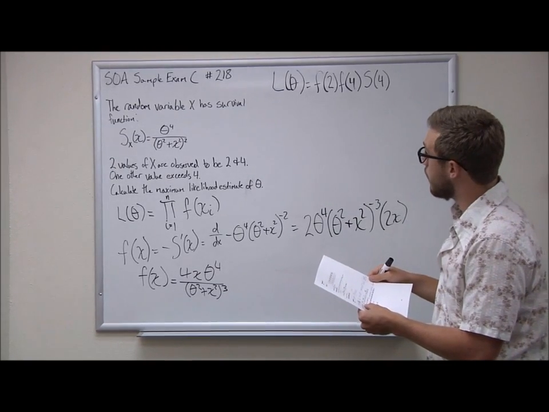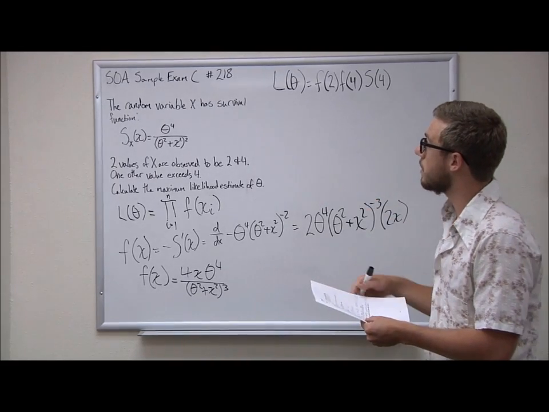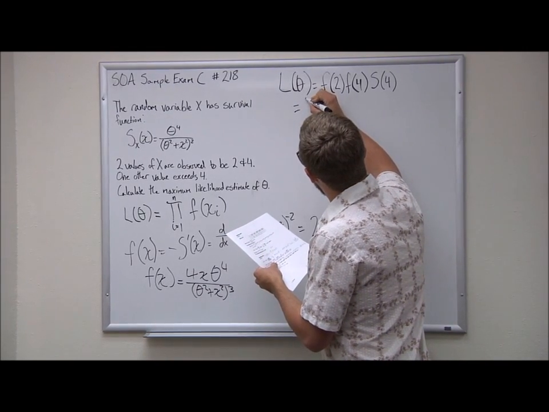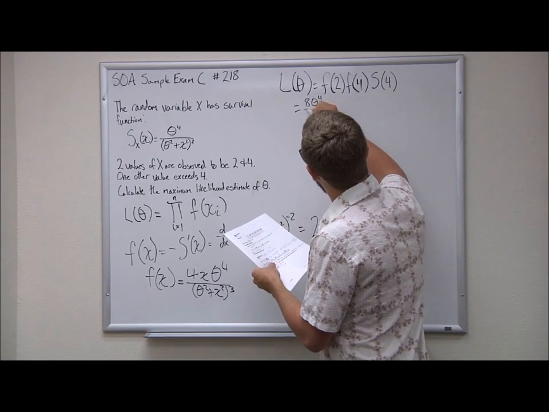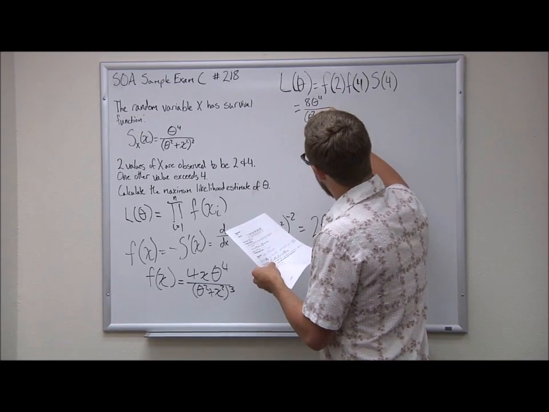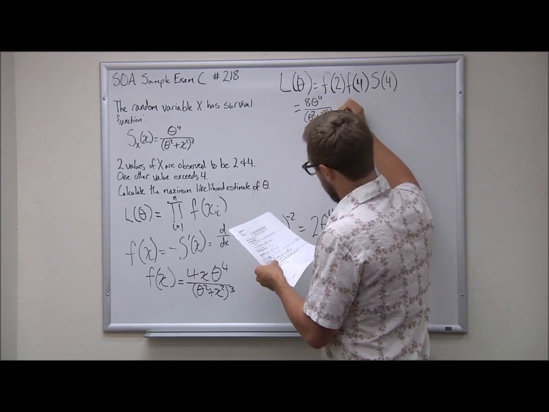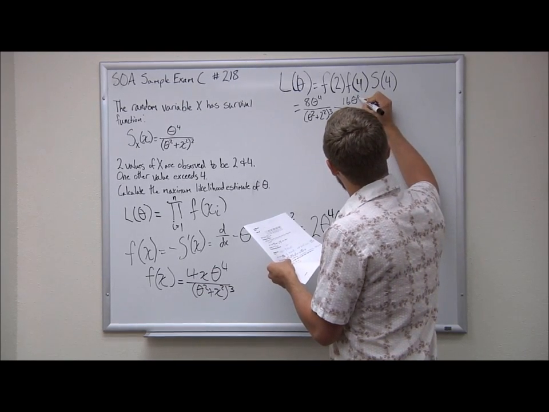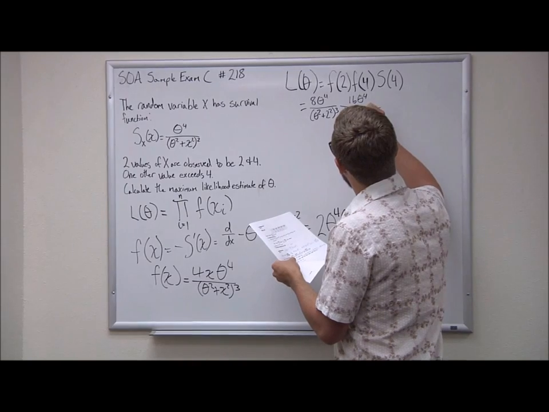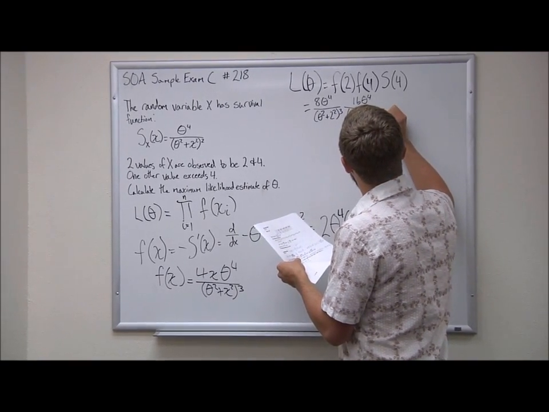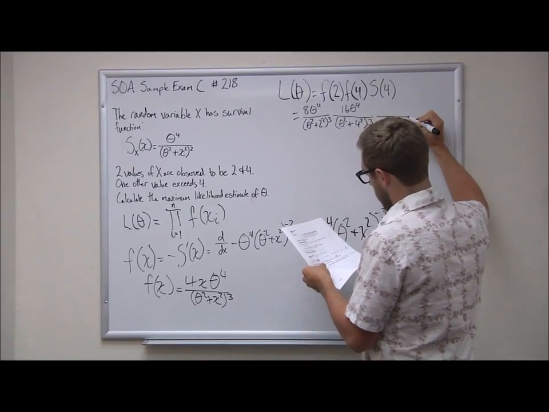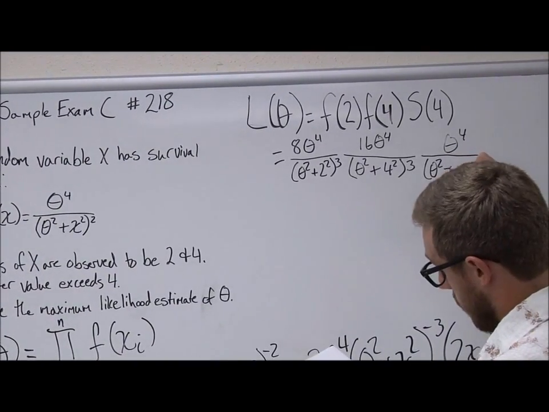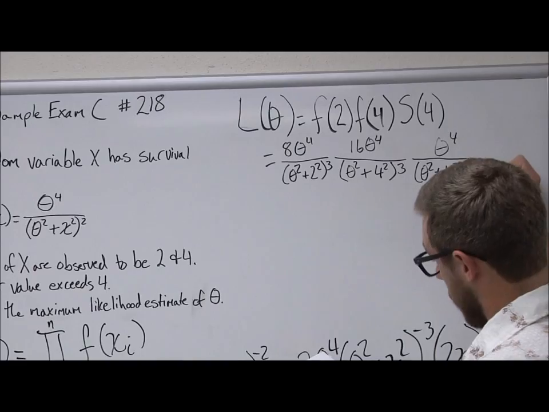So we can plug those values into the density function and the survival function, and we get the likelihood function equals 8 theta to the fourth over theta squared plus 2 squared quantity to the third, times 16 theta to the fourth over theta squared plus 4 squared quantity cubed, times theta to the fourth over theta squared plus 4 squared quantity squared.